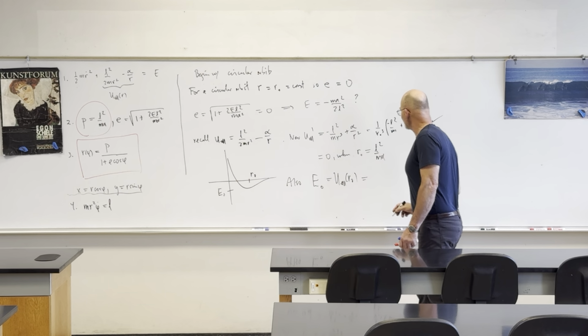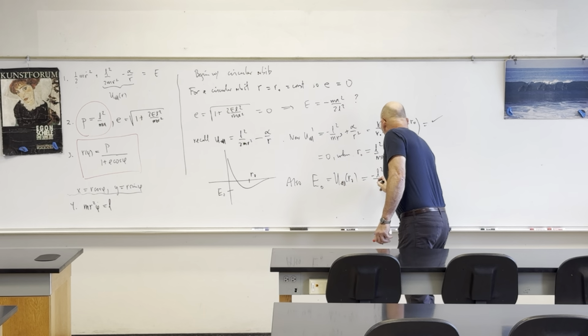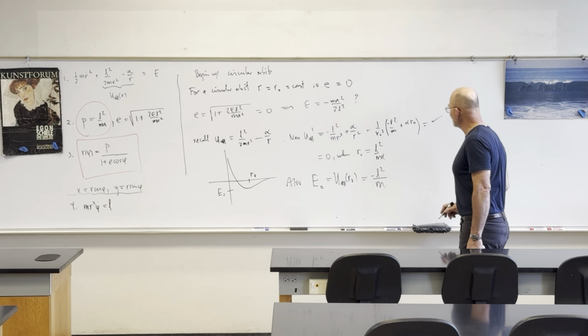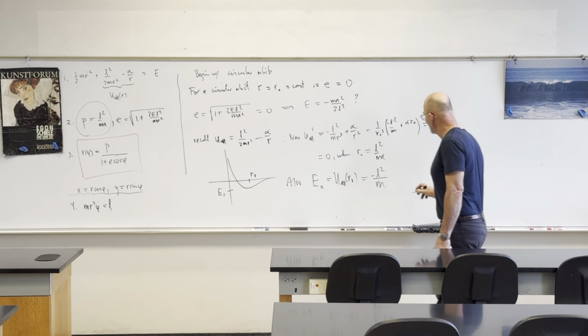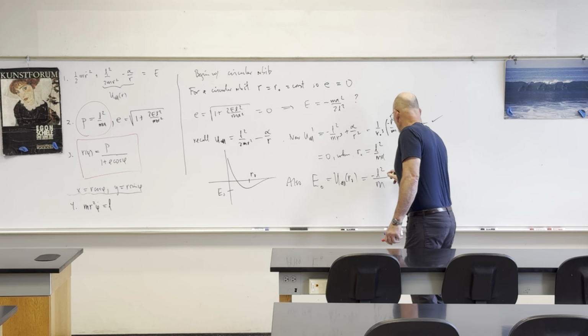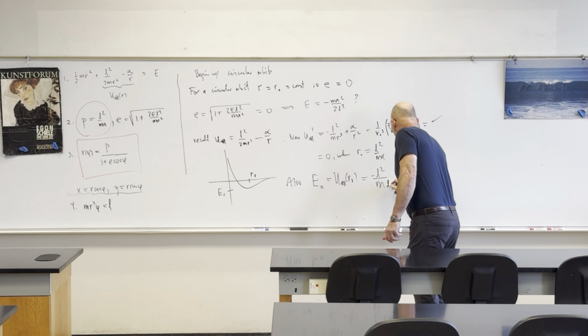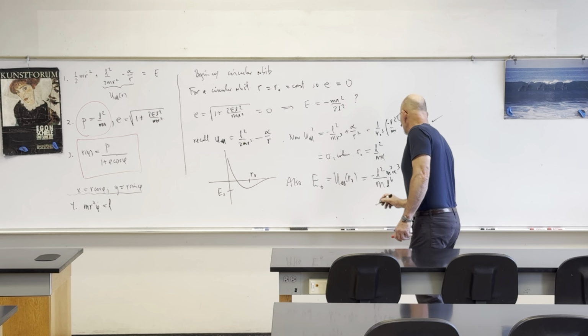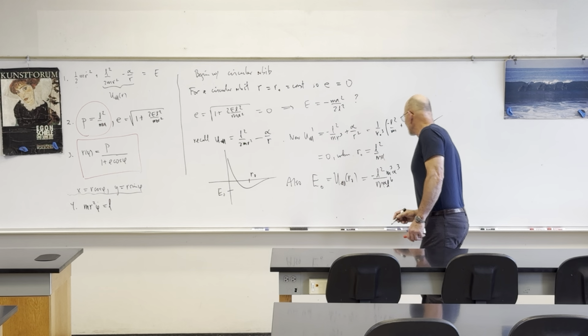So we'll have minus L squared over M, and we have to do this R0 cubed. So R0 cubed would be L to the 6th over M cubed alpha cubed. I should have had an alpha down here.